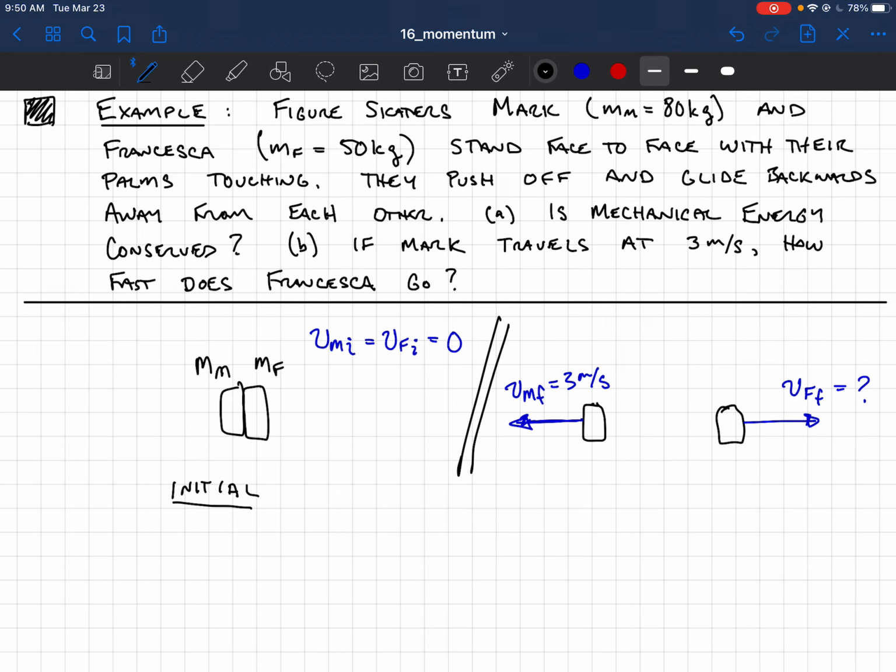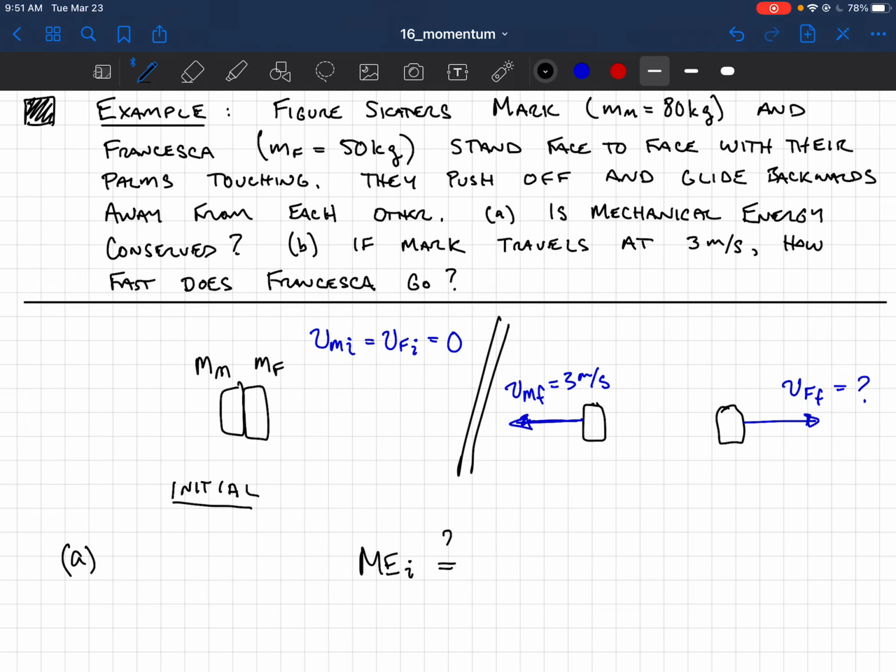So what do we do? We do conservation of momentum. Our first question was, is mechanical energy conserved? So this is the same situation as curling. We're looking down on them, and they're on ice. And so we're wondering whether mechanical energy is conserved. They're on this flat ice, so there's no potential energy due to gravity.